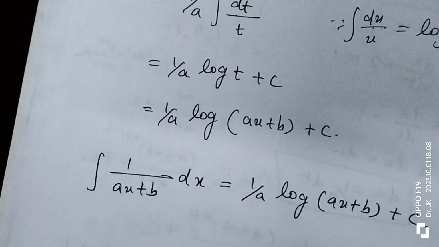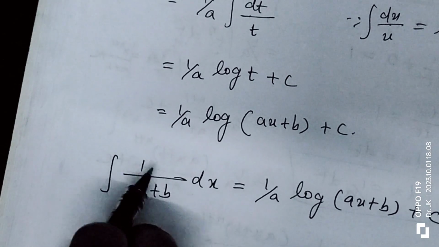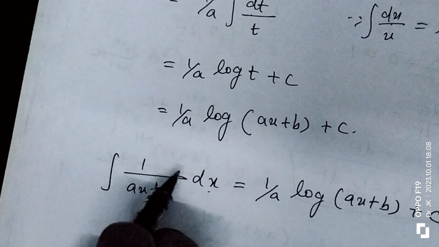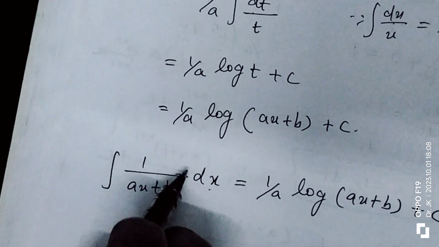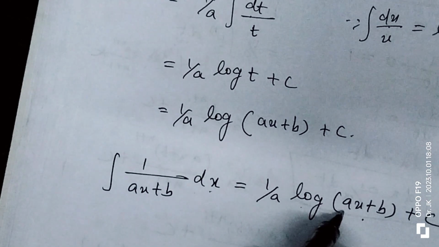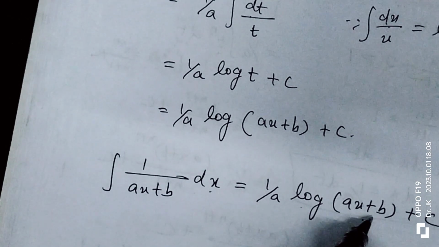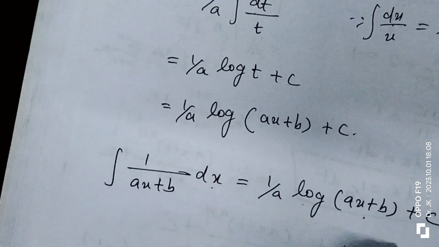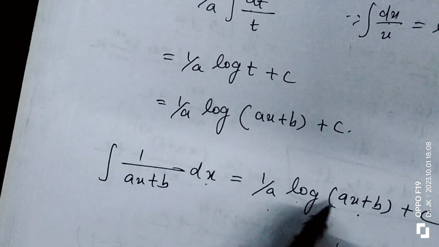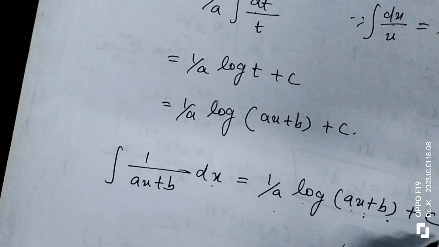Simply, we can apply the 1 by x into dx formula, which is log x. Since differentiating ax plus b gives a, you divide by a. So 1 by a into log of (ax plus b) plus c. That's all.